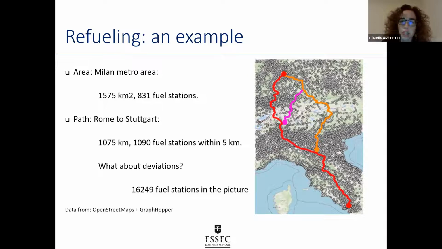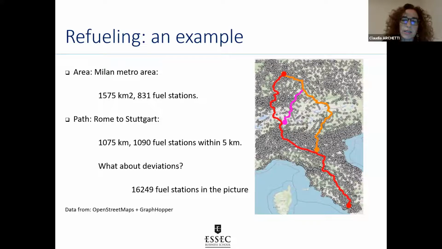Then, by focusing just for a moment on the refueling decision, if we want to decide where to refuel, it means that we have to consider all the potential refueling stations that are at least fairly close to this path.